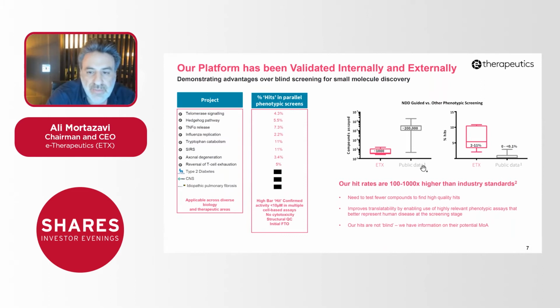Anything that shows activity is called a hit. Over here, you can see that even with a very, very large number of compounds, 500,000 or 1 million, the hit rate can be 0. You can find no hits, and that's obviously an expensive exercise.